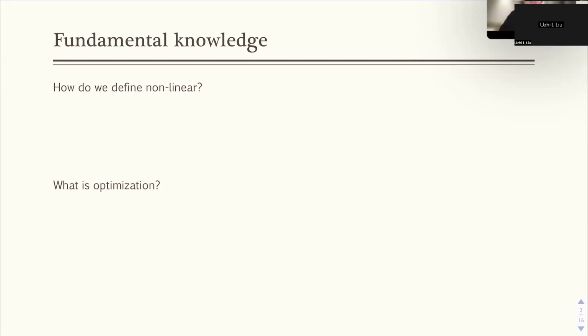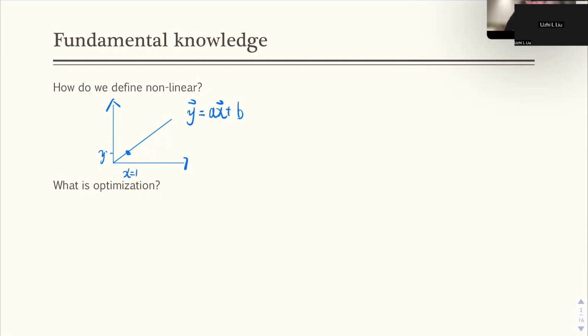The first is nonlinear. A linear function basically looks like this format: y equals ax plus b, and here x and y are the parameters. For example, we take x equals 1 and y equals 1, so we have (1, 1).